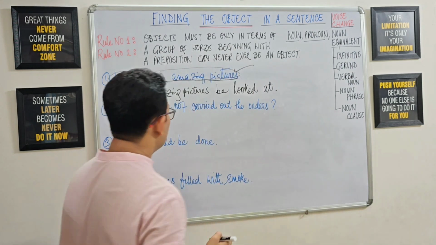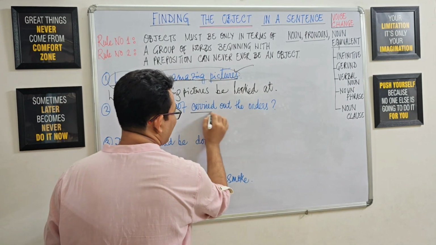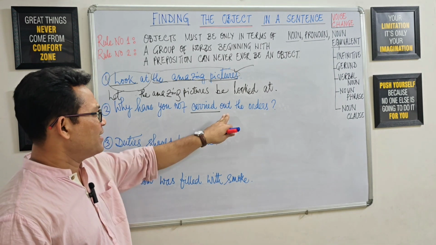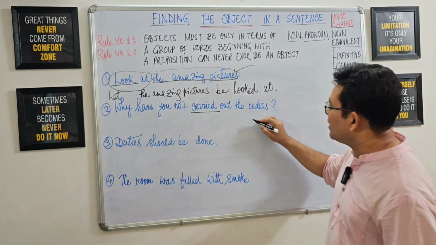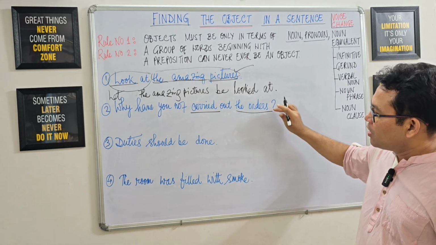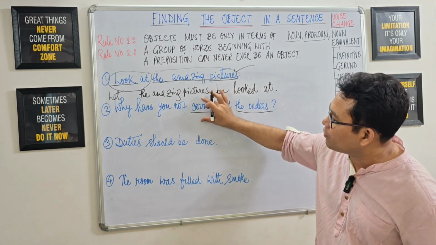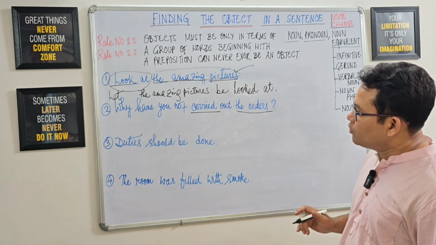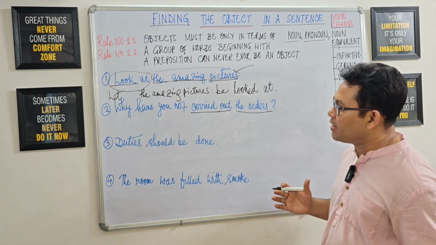Then number 2, why have you not carried out the orders? So the verb here is carried. After that we are getting again a preposition out, and after that we are getting a noun phrase, the orders. So is the preposition out with this noun phrase or with the verb? So we have to remember that carry out is a phrasal verb or group verb.